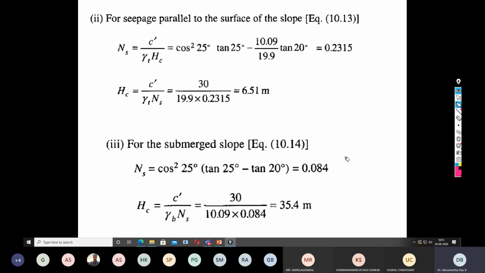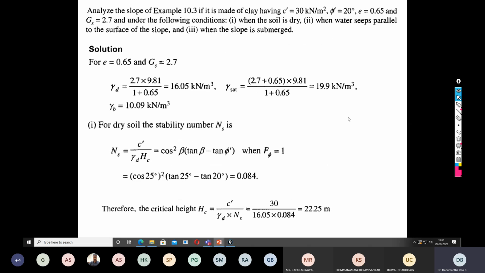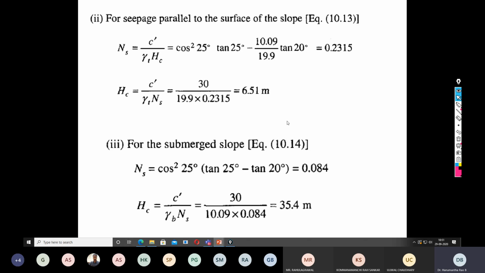See, now let us try to understand. For example, when the slope is dry, there was no movement of the water, so your critical height is 22.25 meter. When I say seepage is parallel to the surface, there is some additional force acting in one particular direction. Because of this seepage force, the height is coming out to be minimum. In the third condition, there was no seepage at all.